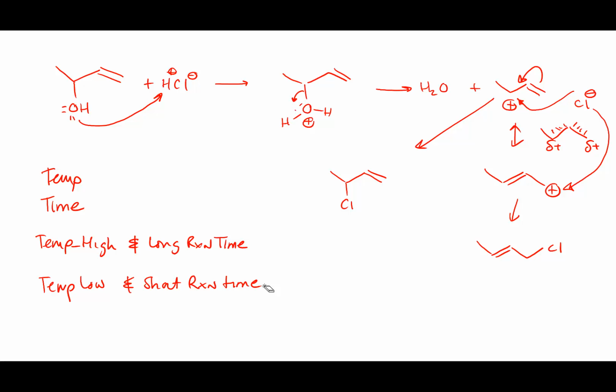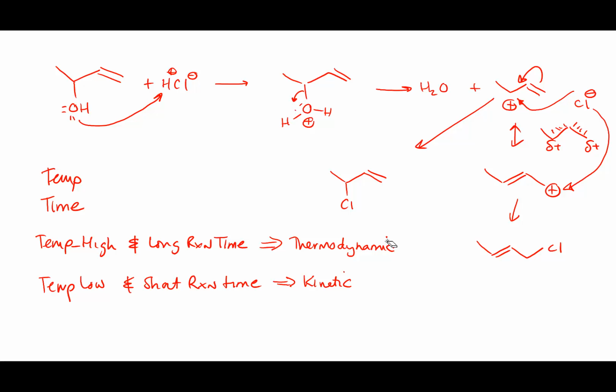So these are given terms. The low temperature, short reaction time is what's called kinetic conditions. The high temperature, long reaction time is called thermodynamic. So thermodynamic means high temperature, long reaction time, and low and short is kinetic.